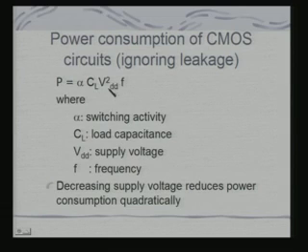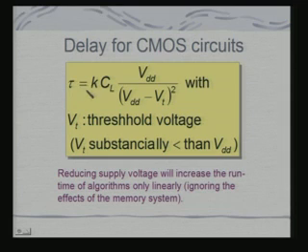Now, what is interesting to note is that decreasing supply voltage reduces power consumption quadratically, because the relationship is squared. And you can understand why that becomes an issue for designing efficient, power efficient and power aware architectures. At the same time, if you look into delay for CMOS circuits, that is tau, tau is given by this parameter where Vt is the threshold voltage and Vt is substantially less than VDD.